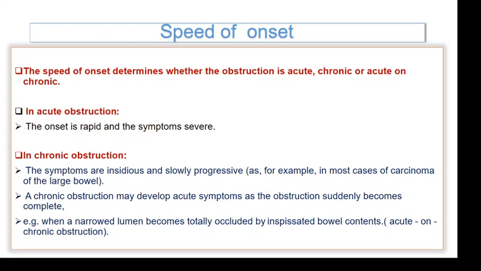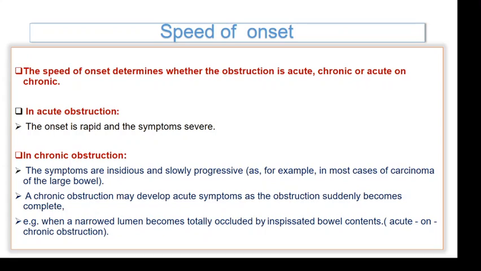The speed of onset will determine whether the obstruction is acute, chronic, or acute on chronic. In cases of acute obstruction, the onset is usually rapid and the symptoms are severe, while in chronic obstruction, the symptoms are insidious and slowly progressive.